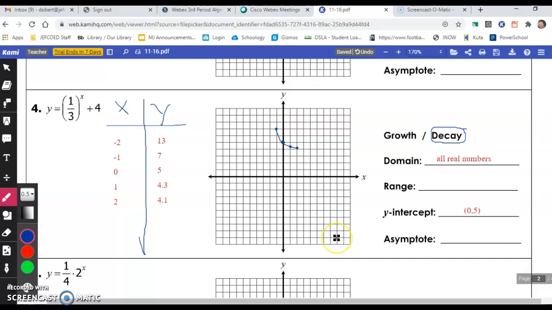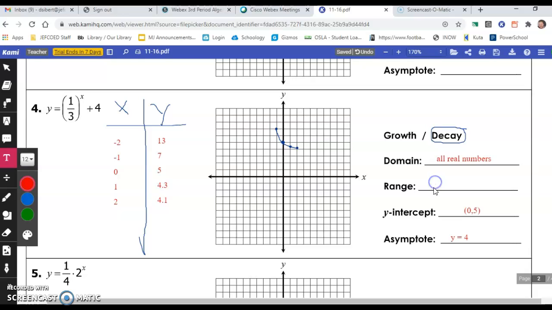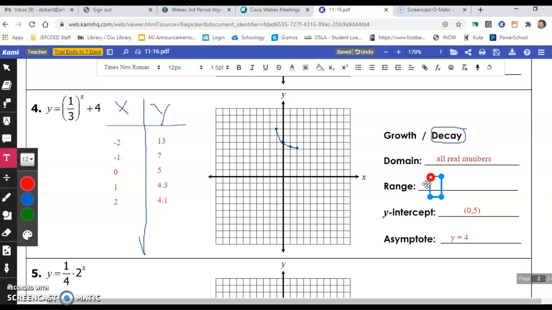Like so. Okay? Now, looking at this, I told you guys our asymptote would not always be 0. What is my asymptote going to be here? What is the graph getting really close to but not touching? 4. And then my range, all my numbers are greater than what? They're all greater than 4.